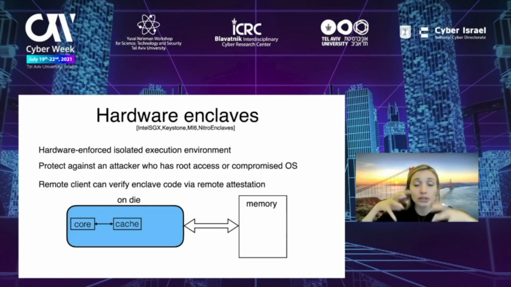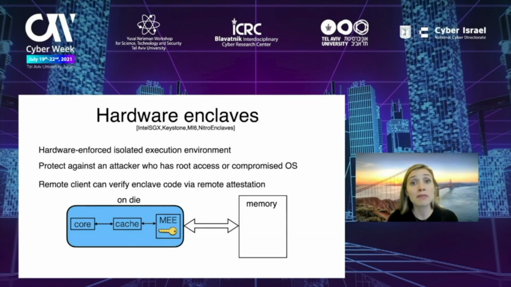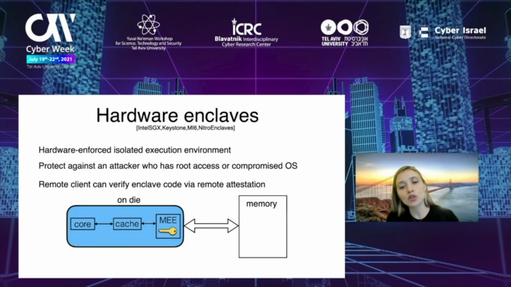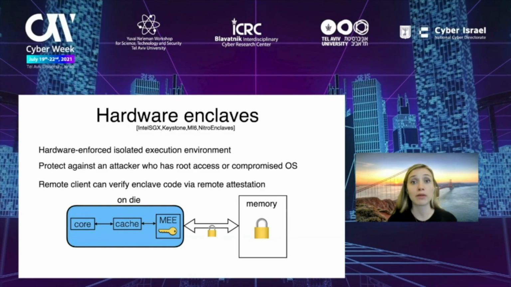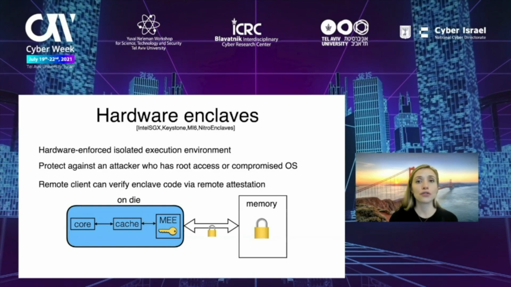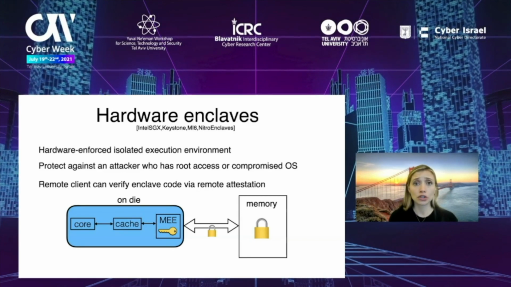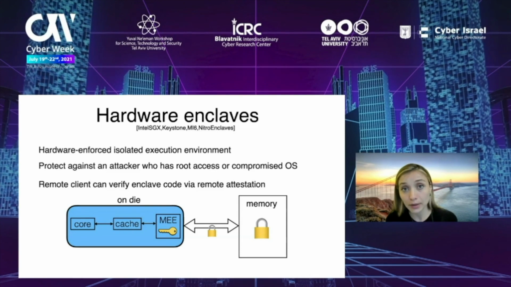Basically, deep down in the processor, under the die, there is an engine called MEE, which is a memory encryption engine. So it encrypts all the data going out of the processor into main memory. So if an attacker has access to the operating system or has administrative privilege, the attacker can try to peek into memory, but it's encrypted.